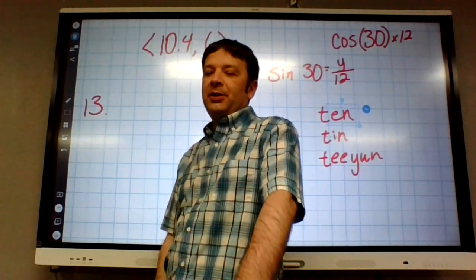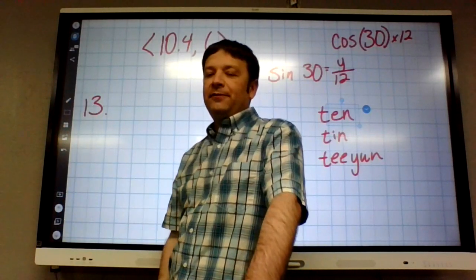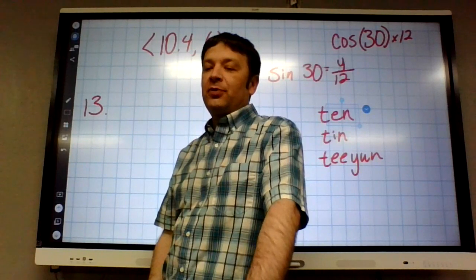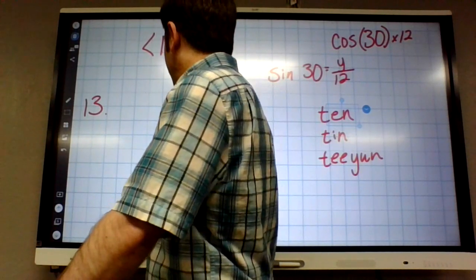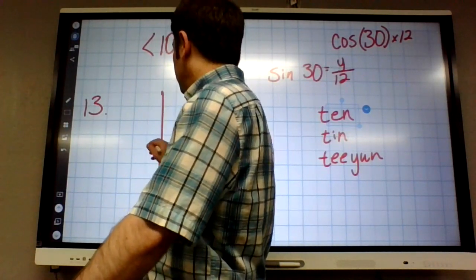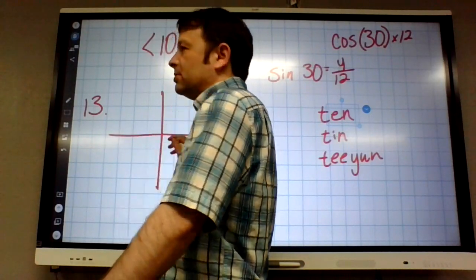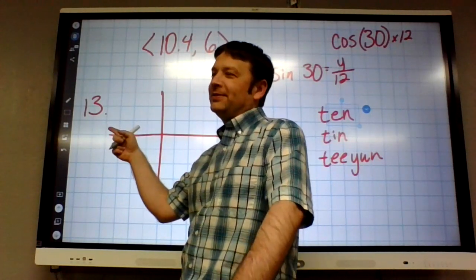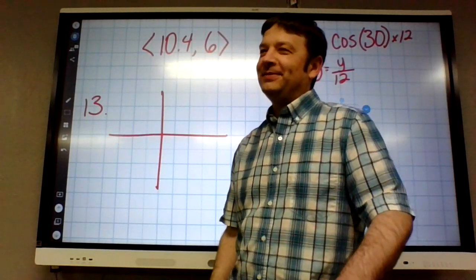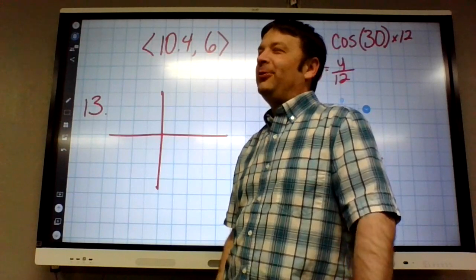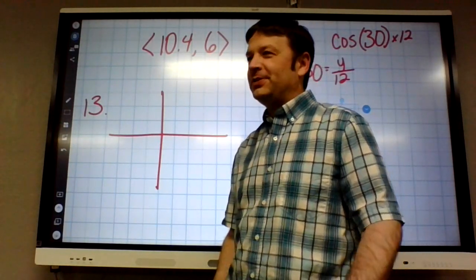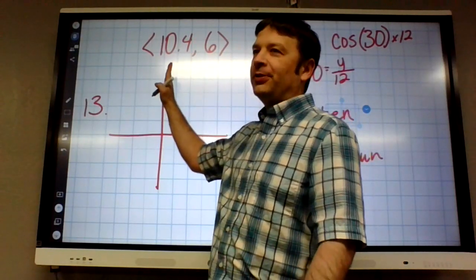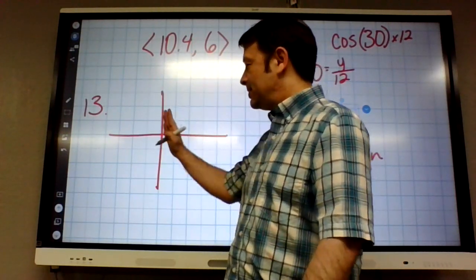Okay, number 13. Traveling 15 degrees south of west. So where is west usually on a map? To the left. On a map, up is north, right is east, down is south.